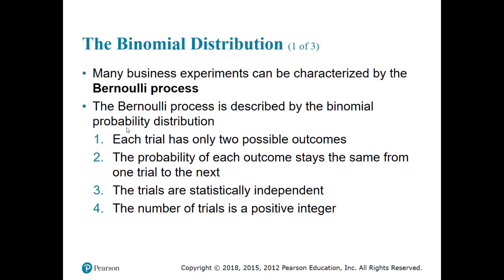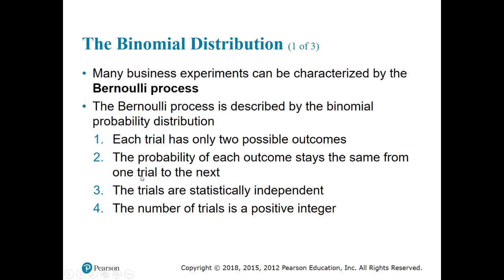So an experiment has only two possible outcomes, something like tossing a coin where you get either head or tail, or you make a sales call and you either make the sale or you don't. Or you apply for a mortgage and you either get approved or you don't. That kind of stuff.